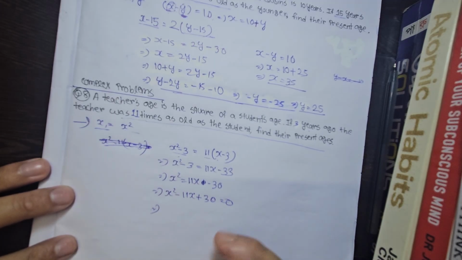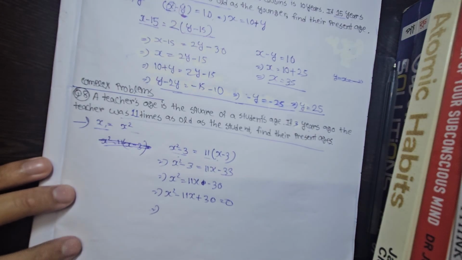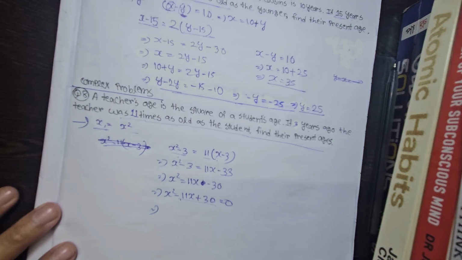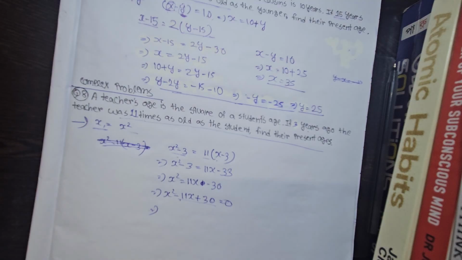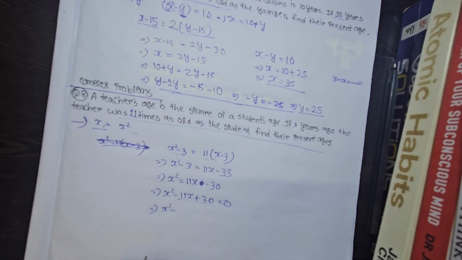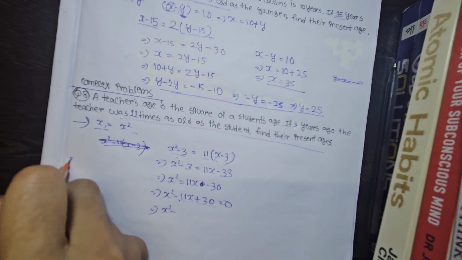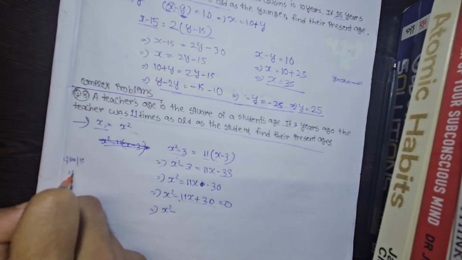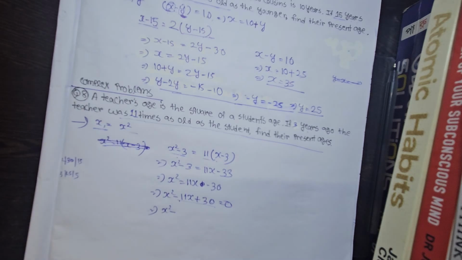It's a quadratic equation. We need two numbers whose sum is 11 and whose product is 30. How do we do that? We divide 30 by 2 to get 15, and 15 by 3 to get 5.